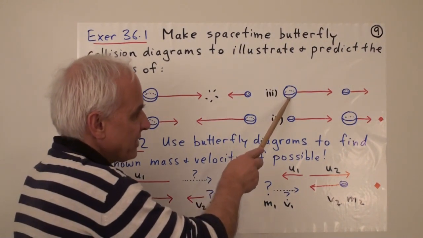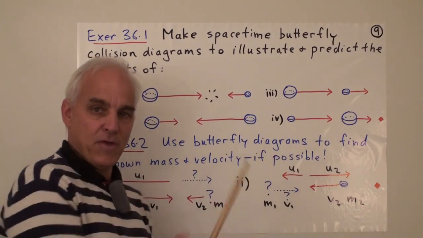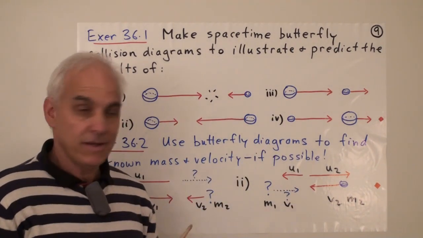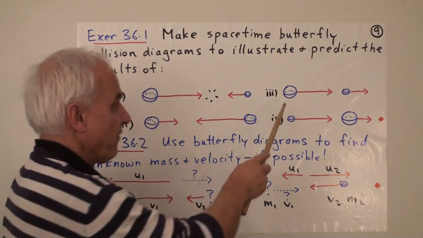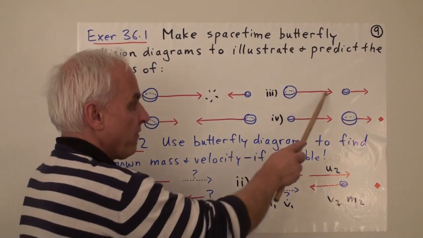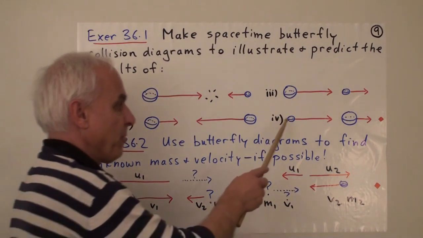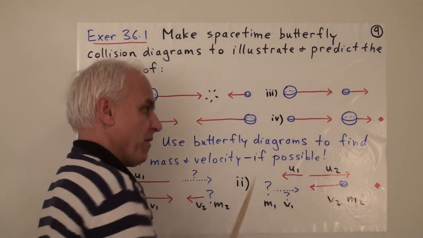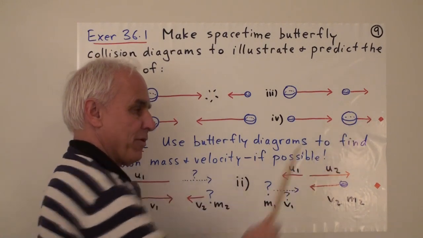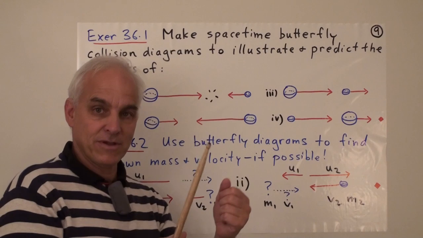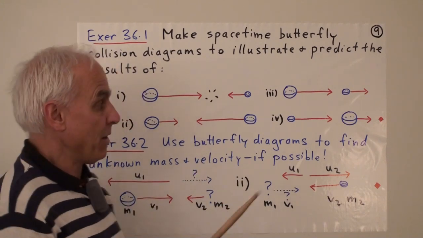As long as, say, the one behind is going faster than the one in front, eventually it's going to catch up and they're going to collide and there will be some interaction. So here we have a more massive particle going faster, chasing a smaller particle going slower. And here we have a smaller particle going faster, chasing a slower particle. Again, you can make diagrams and try to figure out geometrically what's happening.